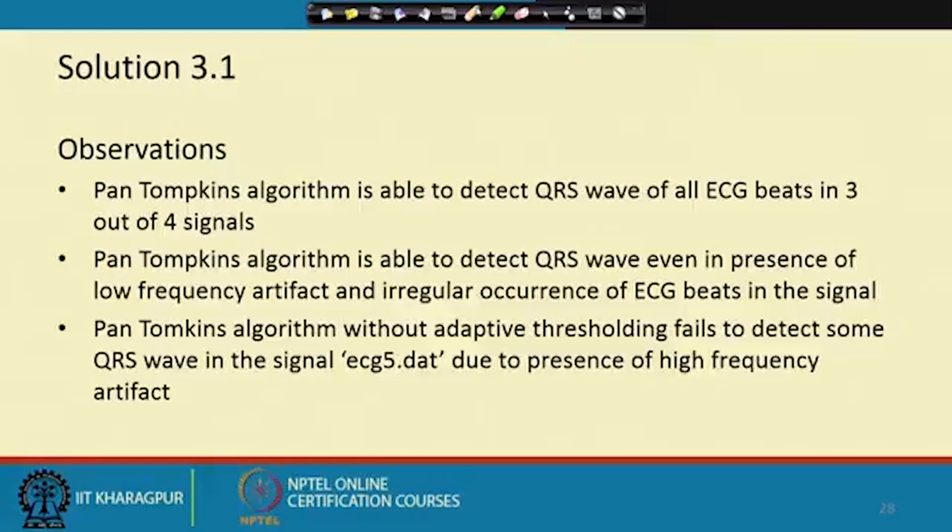Without adaptive filtering, it fails to detect some QRS waves in ECG 5 due to the presence of high frequency artifacts. So, this is the end of the Pan-Tompkins algorithm.